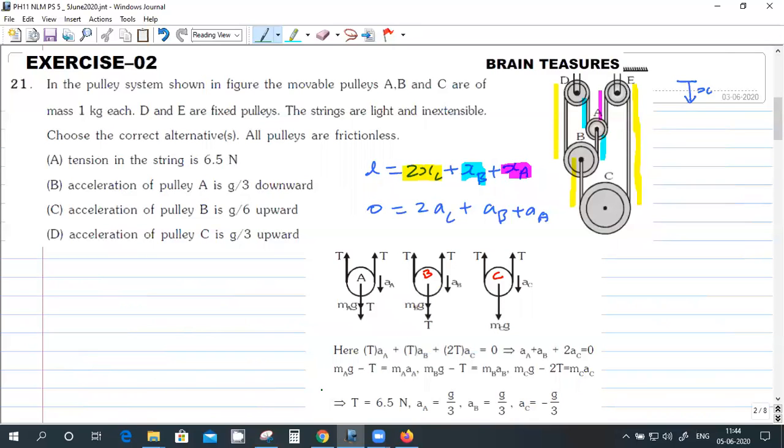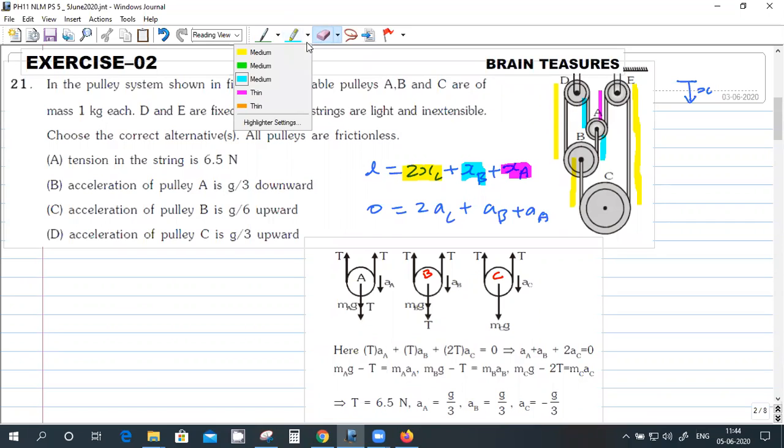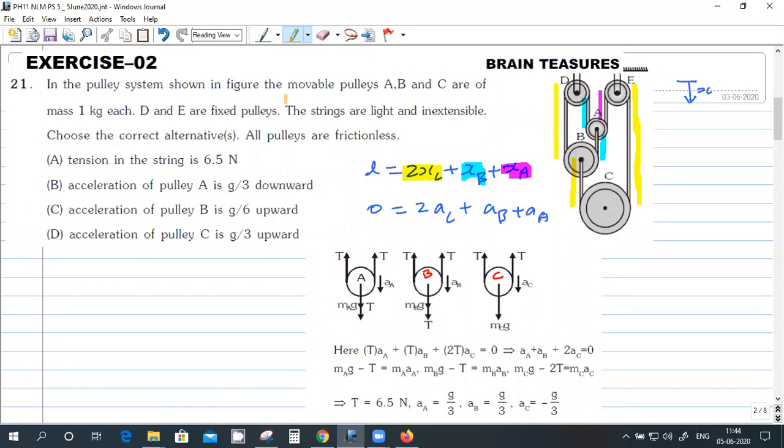Okay. Try this one. First, see how many things are moving. Movable pulleys A, B, C, okay, 1 kg each. B and E are fixed.